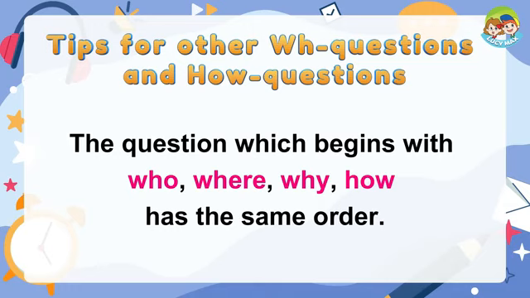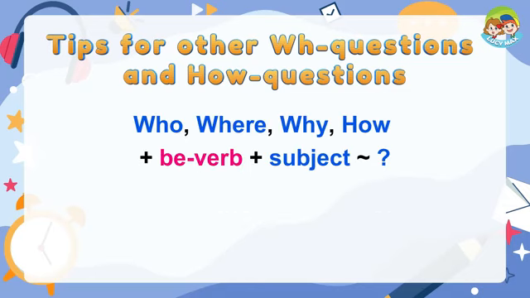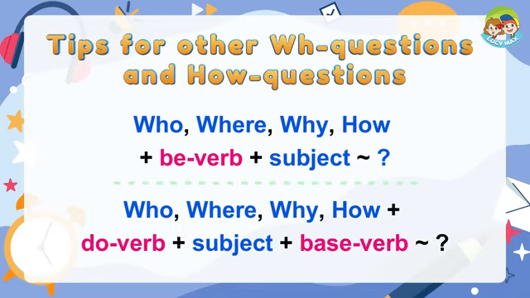We did that in a previous chapter. The order is who, where, why, how, plus a be verb, plus subject. Or who, where, why, how, plus a do verb, plus subject, plus base verb.